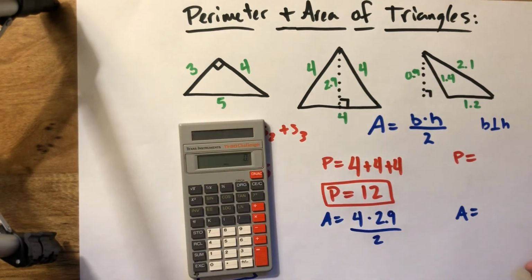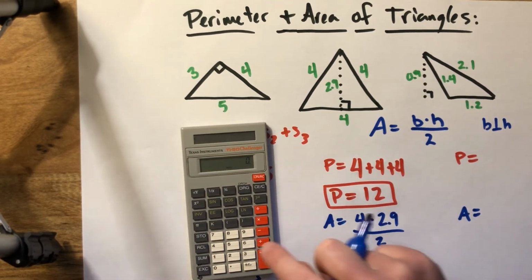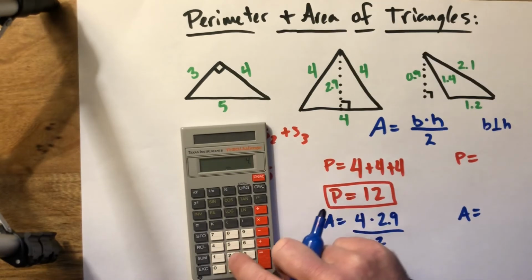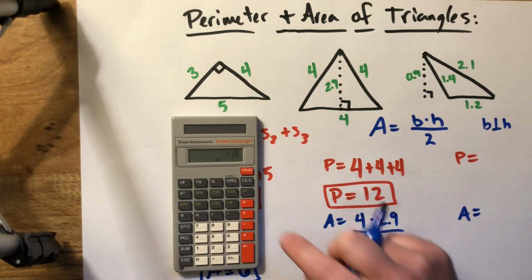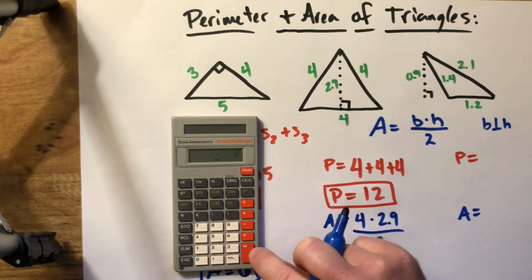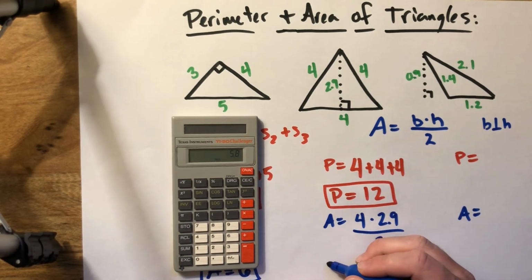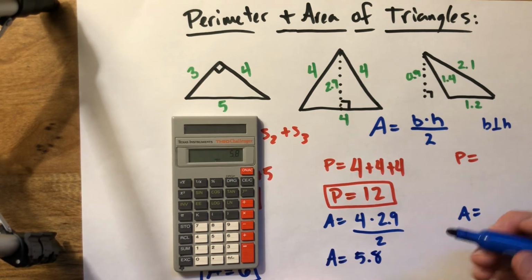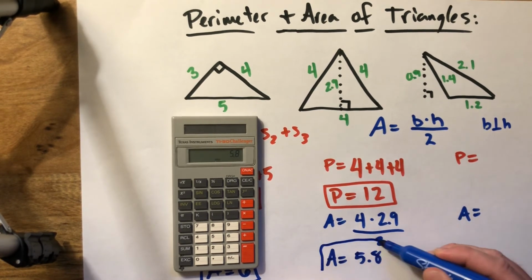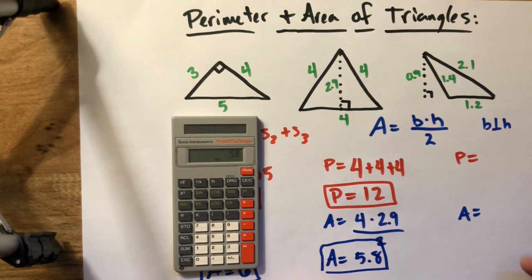I got 4 times 2.9 equals 11.6, and divided by 2 that gives 5.8. Area equals 5.8 units squared. Oops, kind of messed up my 2 there.